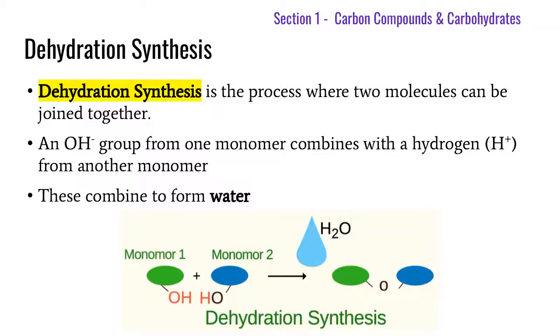And when we do that, we're going to combine it to form water. So I can see monomer 1, monomer 2. On one side, I'm going to take off an OH. On the other side, I'm taking off an H. That allows them to be connected here, and I get some water out of it.